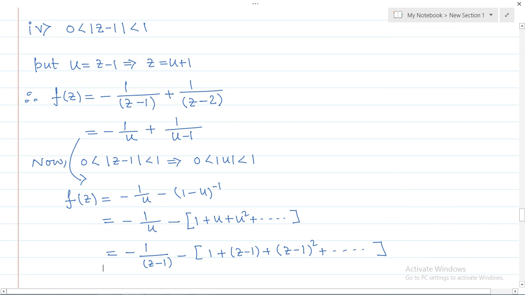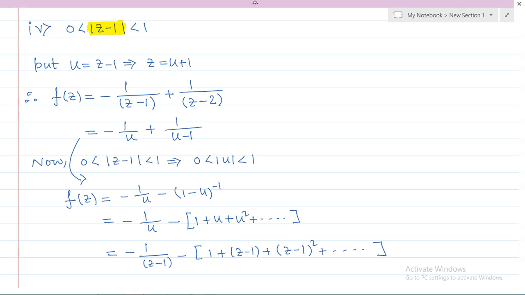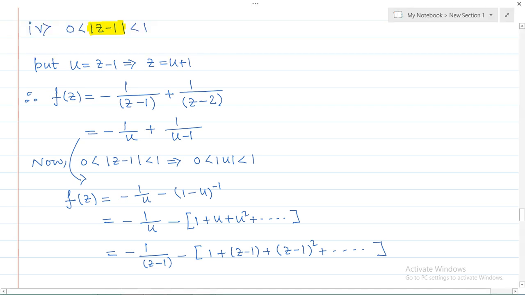That is 0 less than mod of z minus 1 less than 1. How to do this? Since it is given in another form, here the center of the circle has been shifted to 1. For all the previous questions we did the center of the circle about 0 only. So for this question the center of the circle has been shifted.